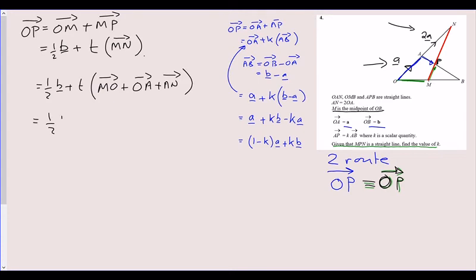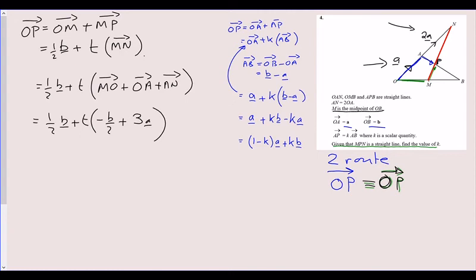So it's half b plus t lots of MO, which is minus b over 2, plus OA plus AN, so that gives me 3a there.